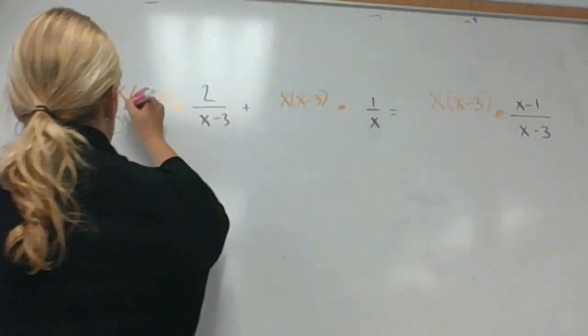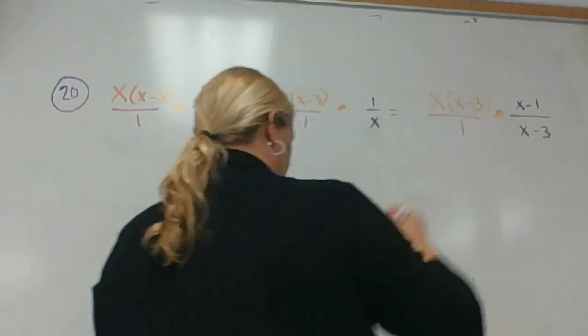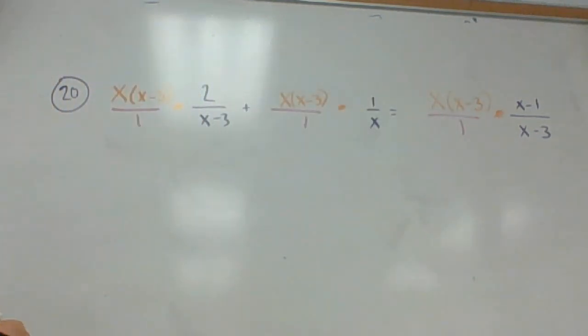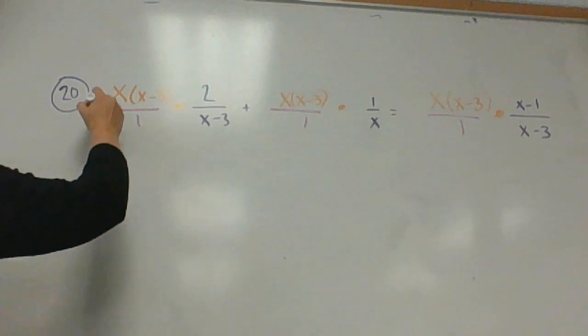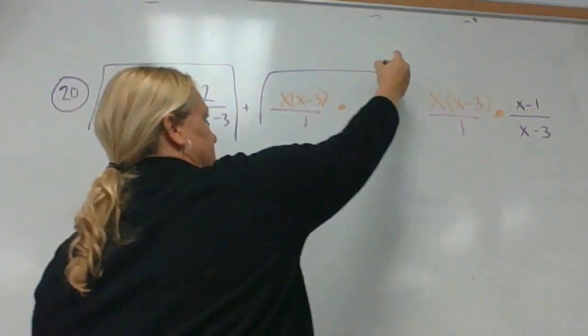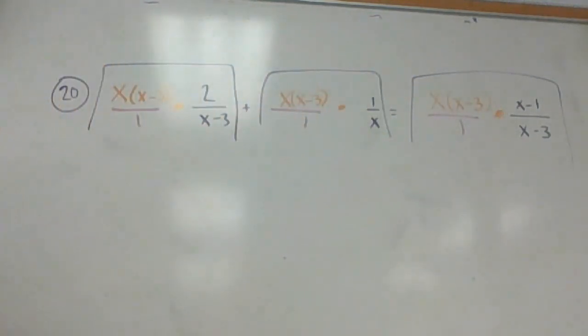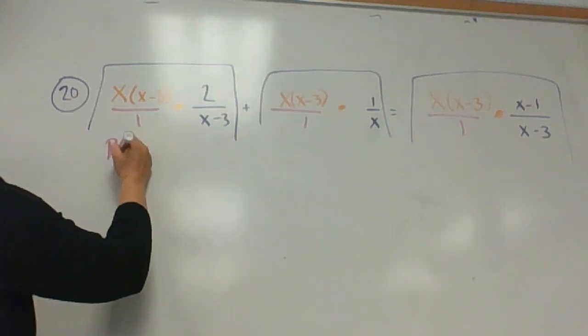All right, put this over 1. And then what you have here is actually 3 little multiplication problems. So we're going to look at this one, separate from this one, separate from this one. It's 3 multiplication problems that you've set up. Reduce, reduce, reduce, reduce before you multiply.